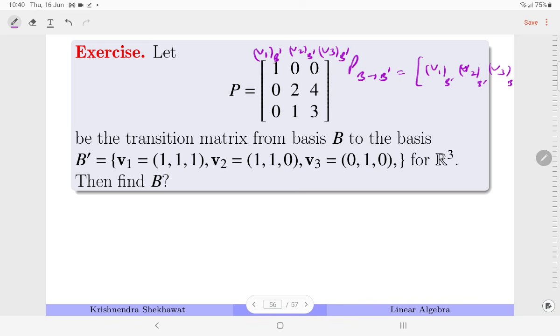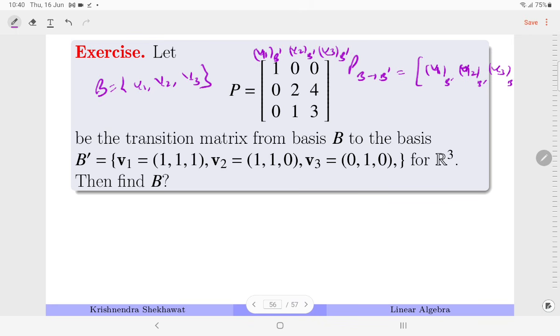And what are V1, V2, V3? They are the basis B. Or instead, if the same notation is used, I can call them U1, U2, U3.